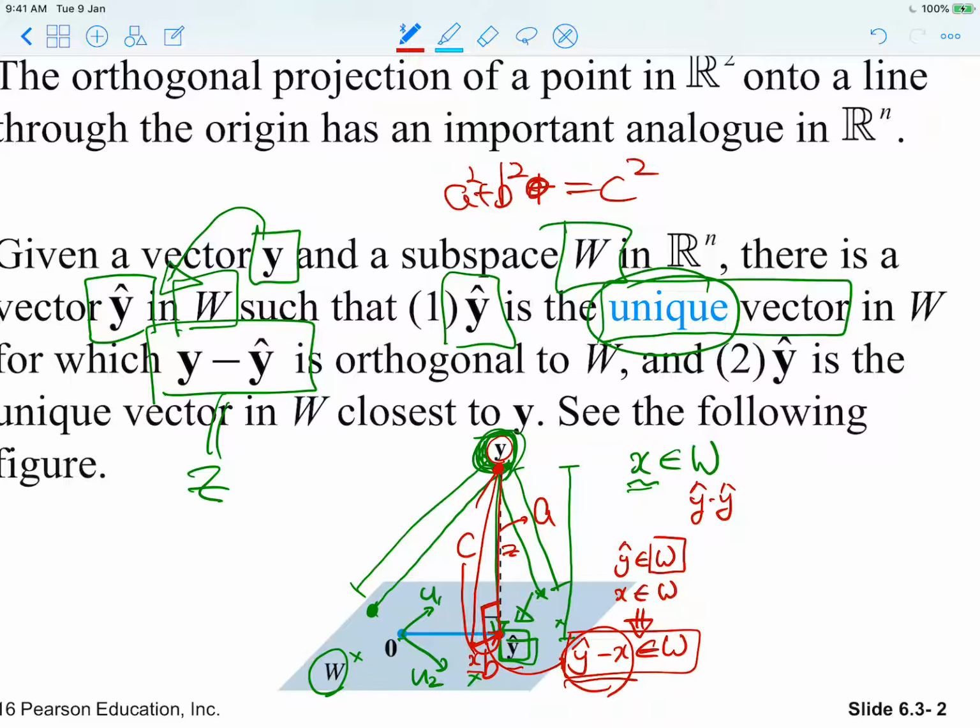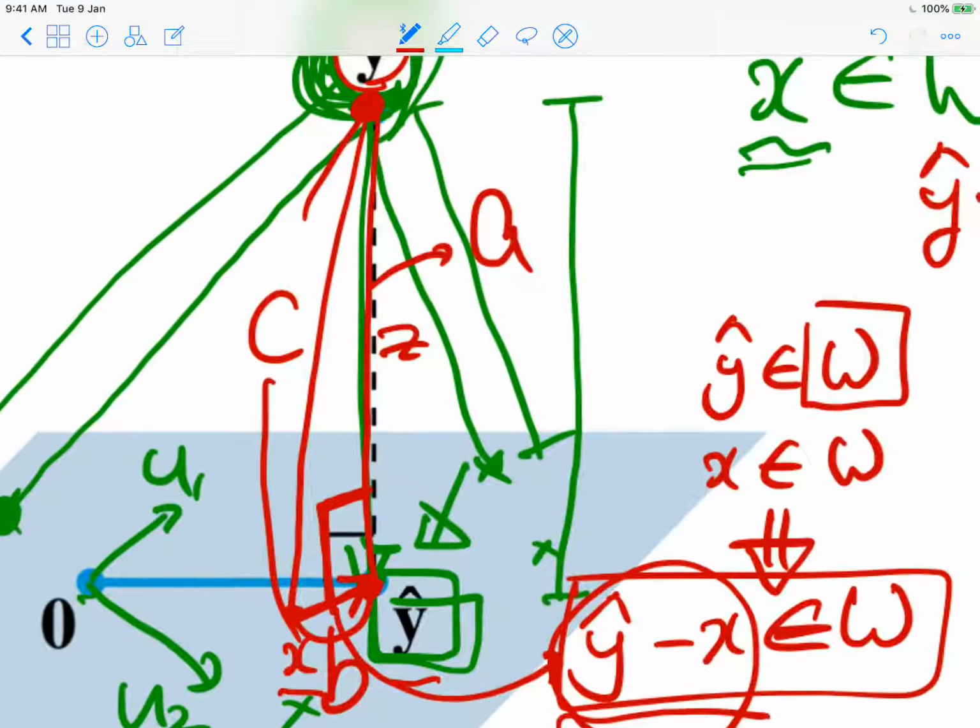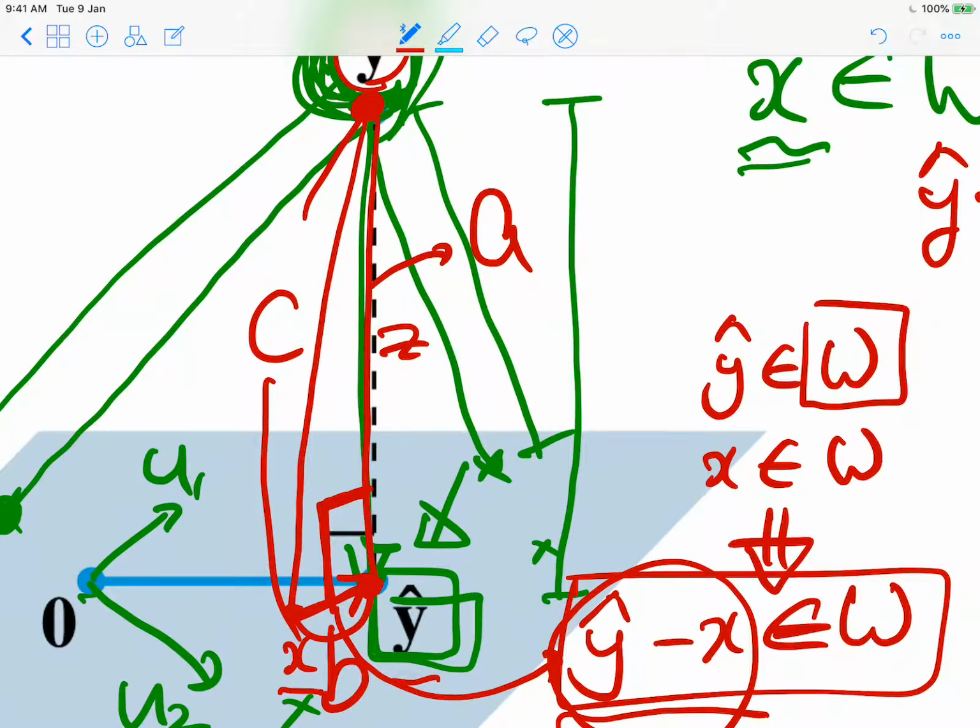Here we are dealing with real numbers. So from this, we can conclude that A is always less than or equal to C, right? So what are A and C? C is the line segment in this triangle that was formed by any other vector x, which is different from the orthogonal projection, right?